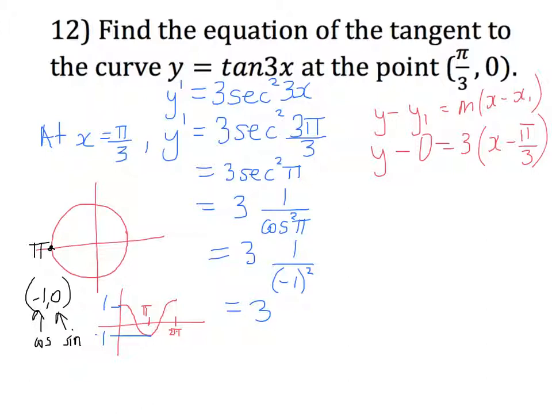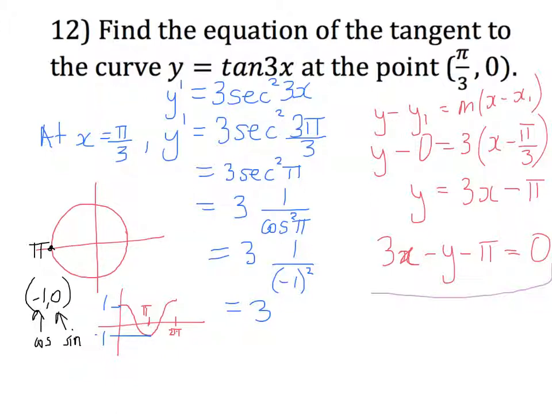Alright, so we're going to get y equals 3x, expanding the brackets, minus pi, or putting it in general form, 3x minus y minus pi equals 0. So there's the general form of the equation of our tangent at the point pi on 3, 0 on the graph y equals tan 3x.